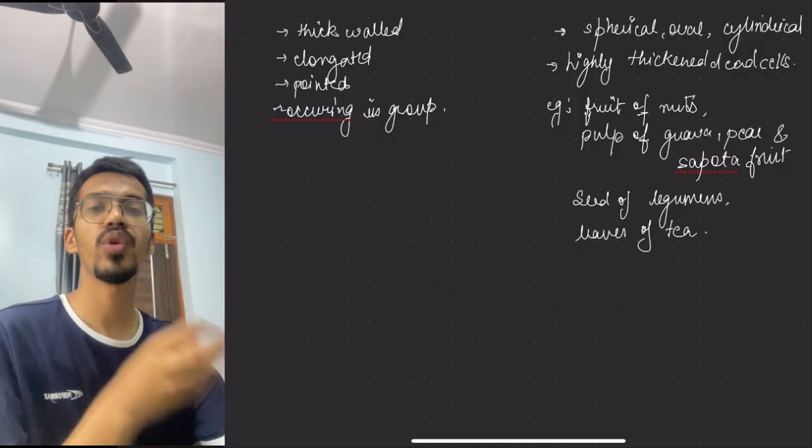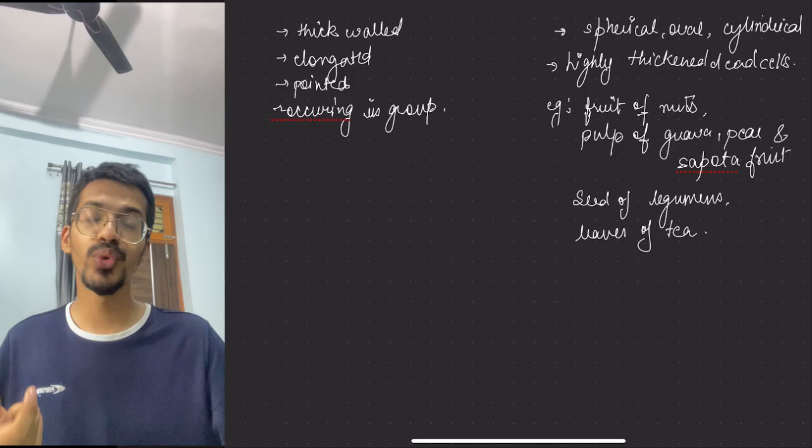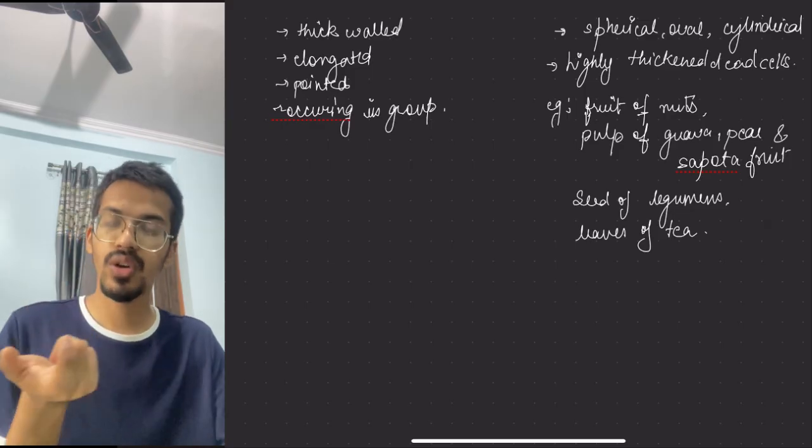Okay, now what is the major function of sclerenchyma? Sclerenchyma also provides what? Mechanical strength, because they are dead, they are lignified. Lignification will do what? It will stay there for a longer period of time.